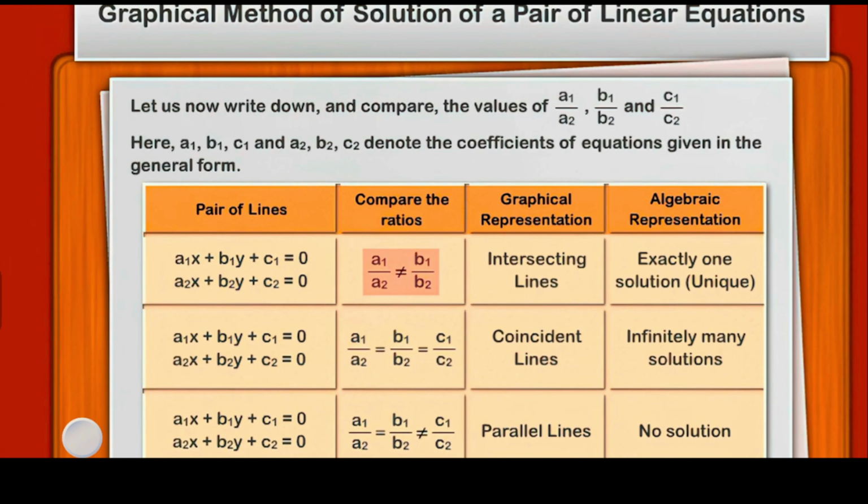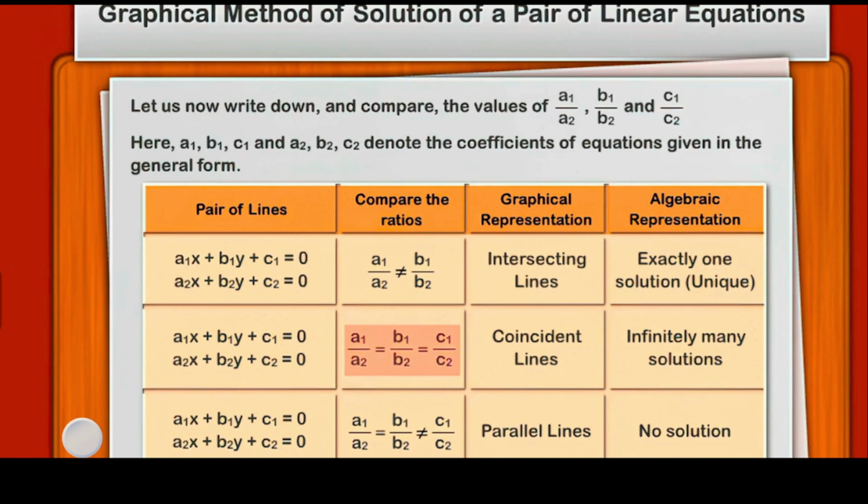When a1 upon a2 is not equal to b1 upon b2, then the graphical representation of the equations is a pair of intersecting lines, and such a pair of equations has exactly one solution.